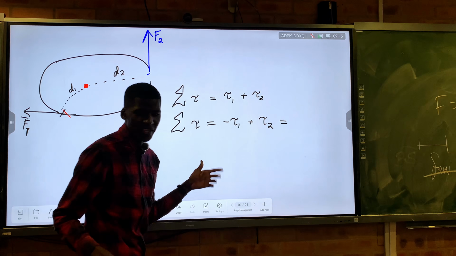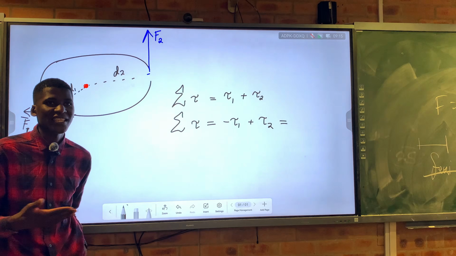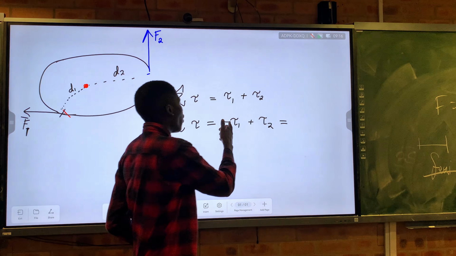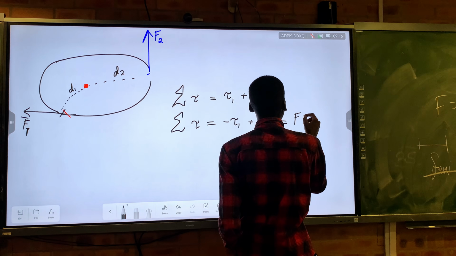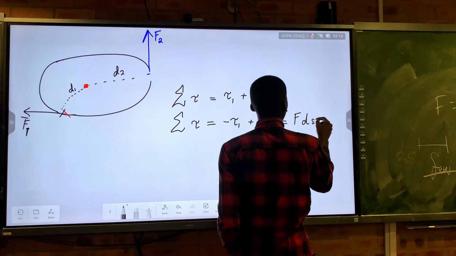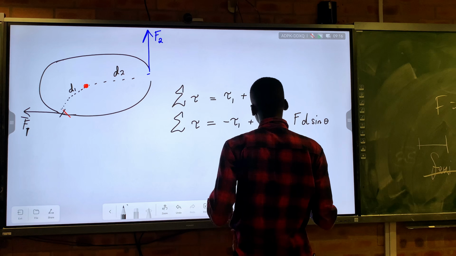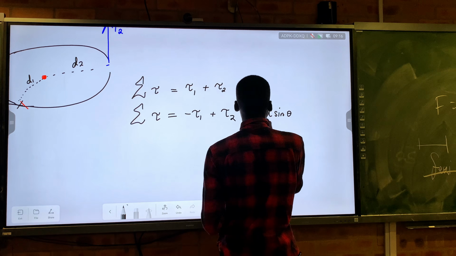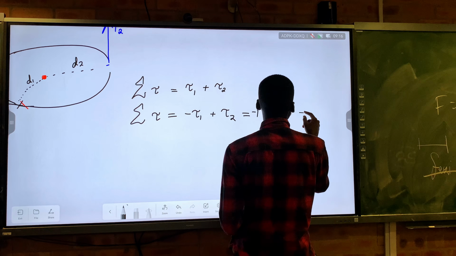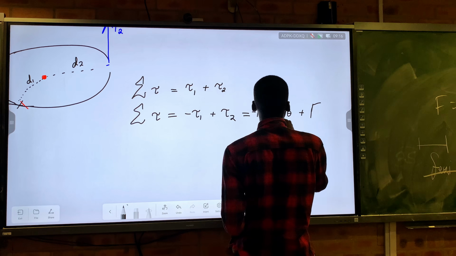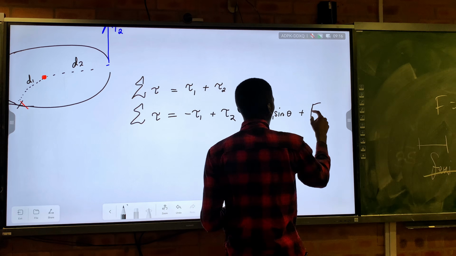And then you already know, you just substitute the force and the distance, right? Obviously, torque is the force times the distance times sine of theta, right? And this is going to be negative. In this case it's force 1, distance 1.